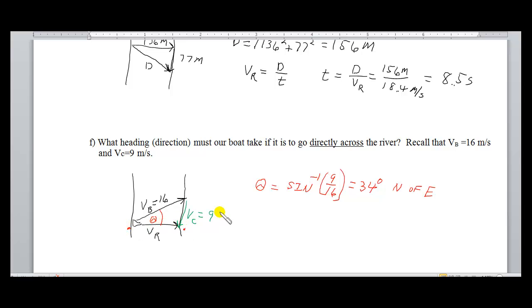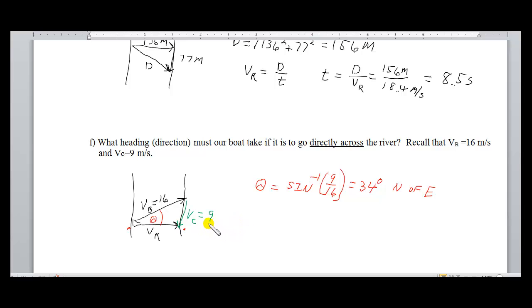To find that angle, we simply use the inverse sine because it's the opposite, 9 meters per second for the current, over the hypotenuse, which is the velocity of the boat, 16 meters per second, and we get 34 degrees north of east. That would be the heading if we want to go directly across the stream from here to here and overcome the current.